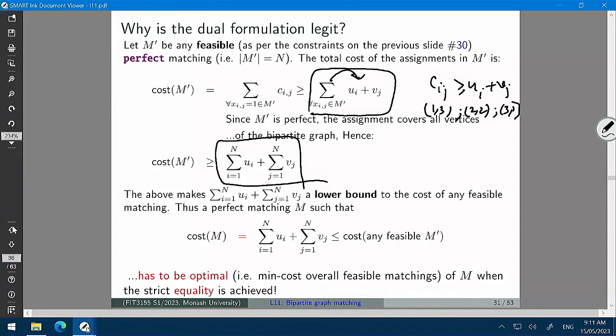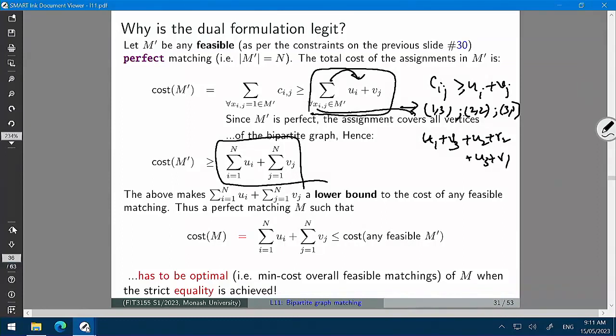Okay. So if we had that example where the matching had i equals 1 match to j equals 3, i equals 2 match to j equals 2, i equals 3 match to j equals 1, this would have been a summation over u1 plus v, I'll just remove the summation and write out this explicitly, u1 plus v3 plus u2 plus v2 plus u3 plus v1.